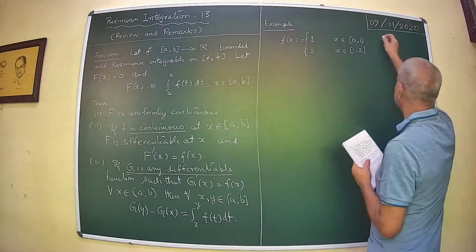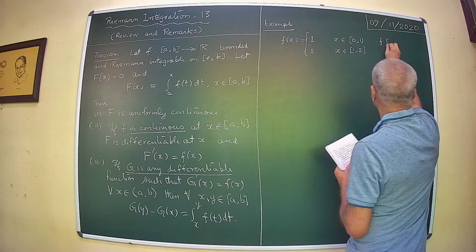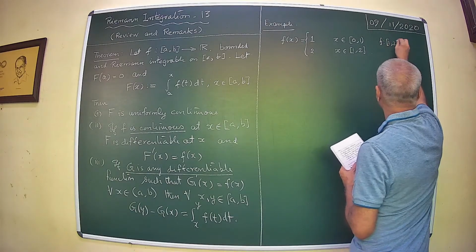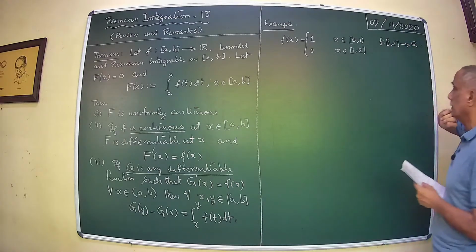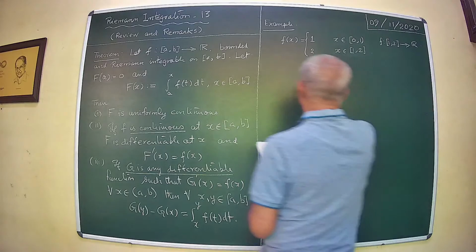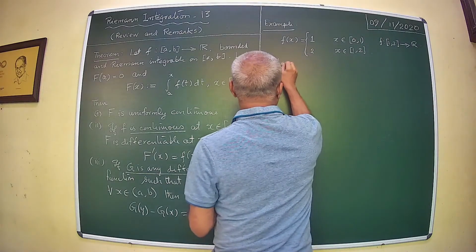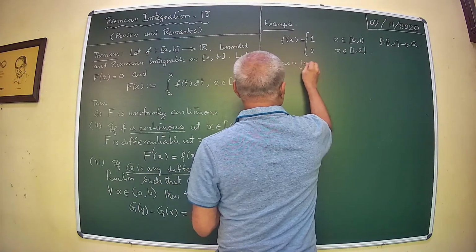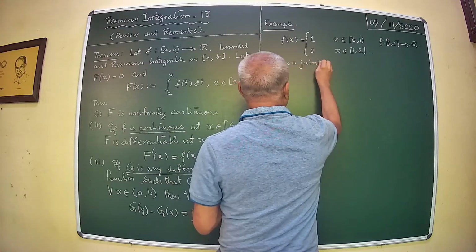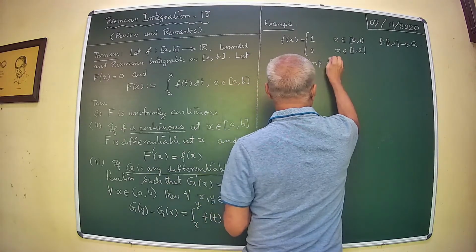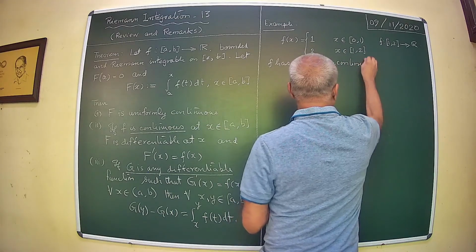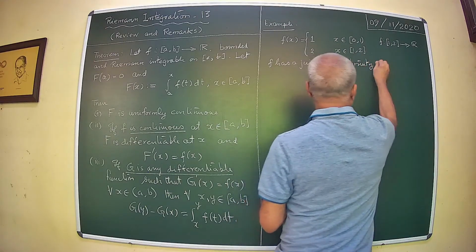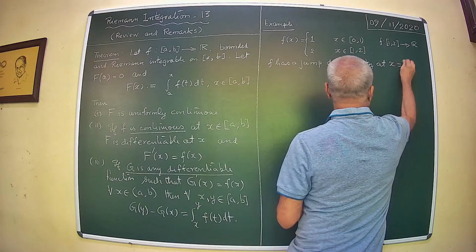So the function is defined on the interval 0 to 2, and we observe that f has a jump discontinuity at x equal to 1.